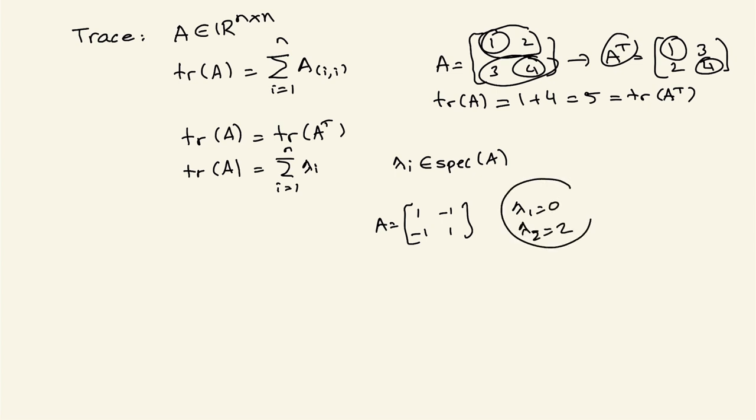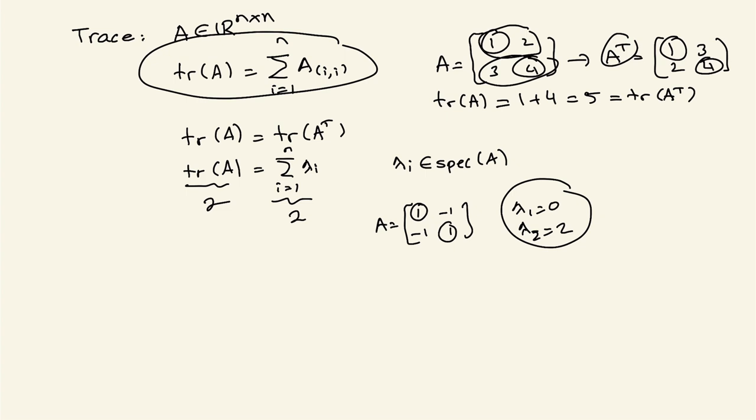Now, if you sum them up, you are going to get 2 here. Or if you apply the traditional notation, the trace of A is 1 and 1, it is 2. Within the context of an example, you can immediately see that trace of A is the summation of the eigenvalues of matrix A.